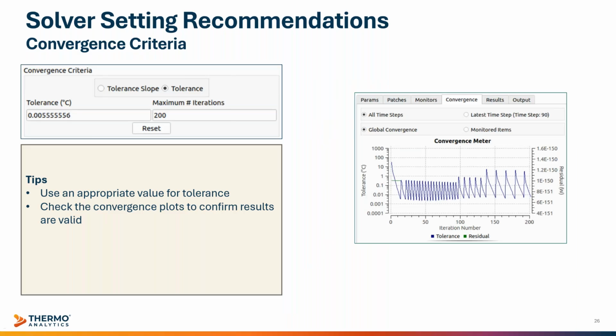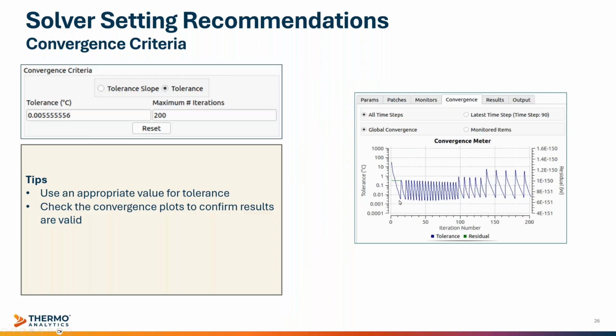While the simulation is running or after it's finished, you can view the convergence plot in this convergence tab. All of these spikes that we see indicate the start of a new time step. The line should basically go down until we reach that tolerance value, which we set to 0.005.